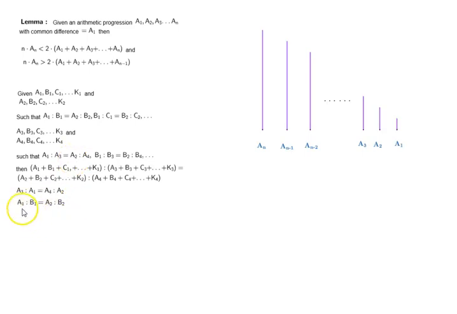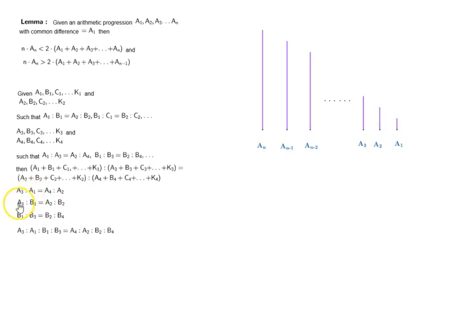Now we are given that a1 is to b1 is equal to a2 is to b2. And we are also given that b1 is to b3 is equal to b2 is to b4. So we have these three proportionalities. We can combine them into a single statement.